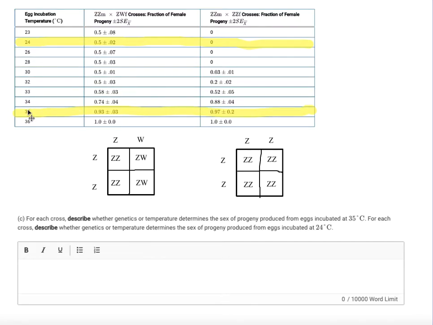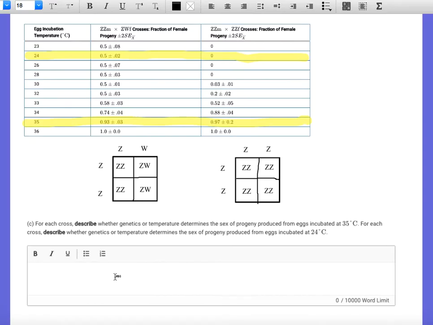But at 35, that's not what you see. You see 93% of the offspring develop as female. So what that tells me is that at 35 degrees, each cross is temperature, right?